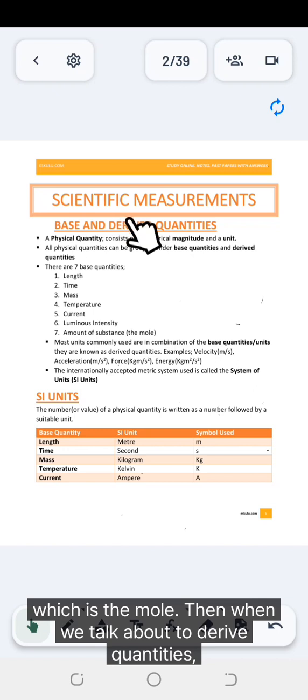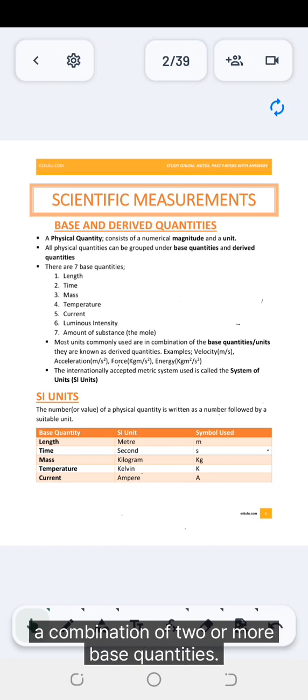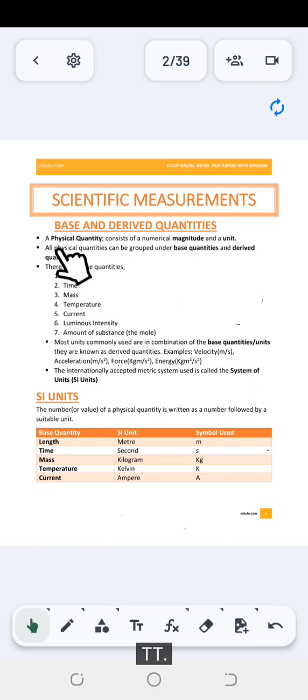When we talk about derived quantities, we are talking about quantities that are a combination of 2 or more base quantities. So derived quantities can come from these 7 base quantities when combined. Now, what do we understand by a physical quantity?